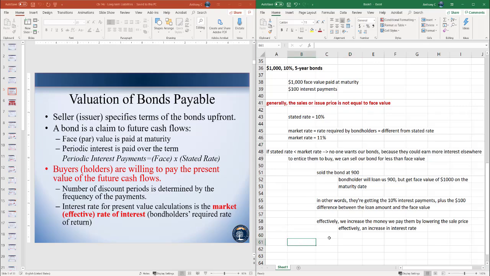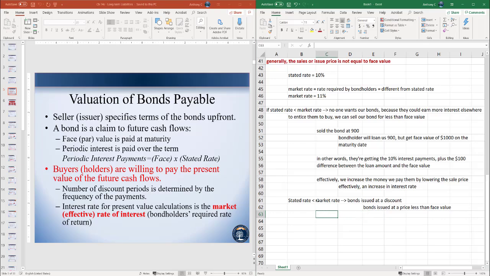So in this past example, when the stated rate is less than the market rate, that means the bond gets issued at a discount. In other words, the bond's issued at a price less than face value, so we can match the market rate, and so we can actually get people to buy the bonds, so we can raise the money that we want to.